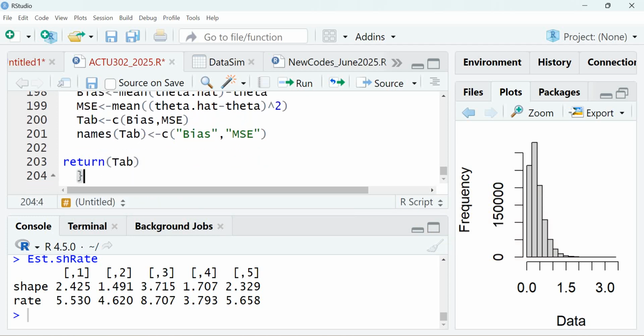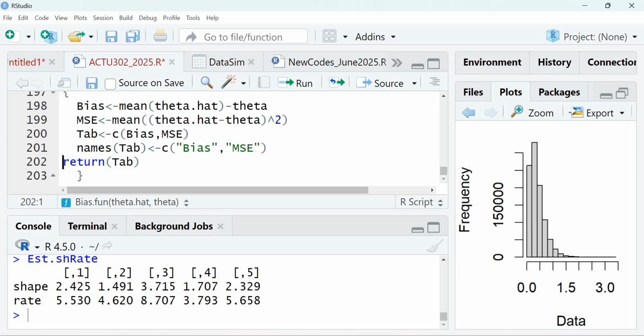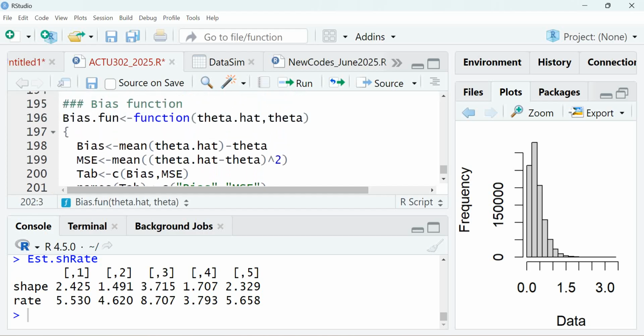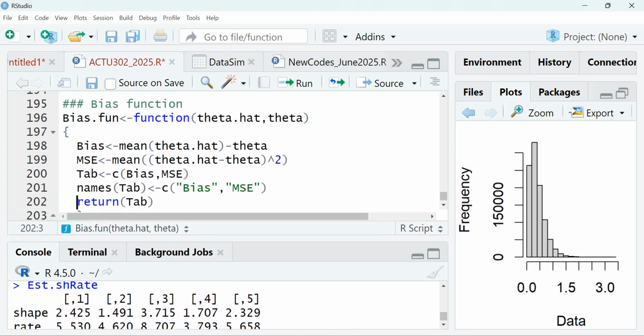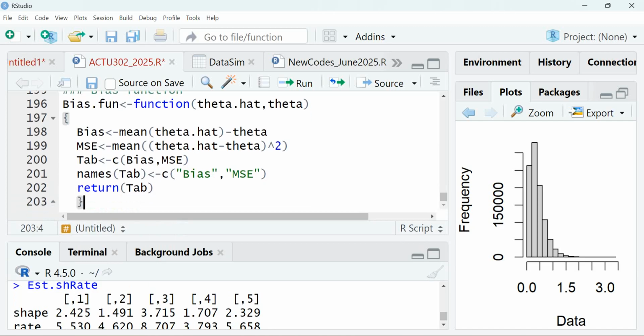All right, so that's it with this function. So maybe we have to call it bias MSE, right? Because whenever you name a function, it must give you an indication of what it is actually computing.